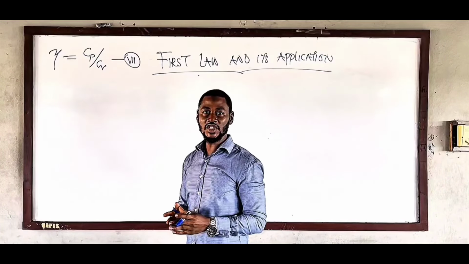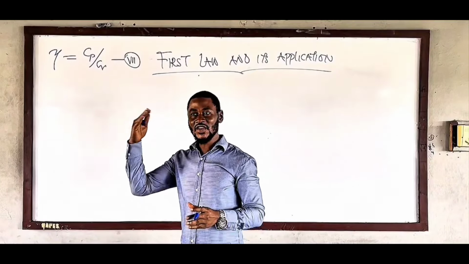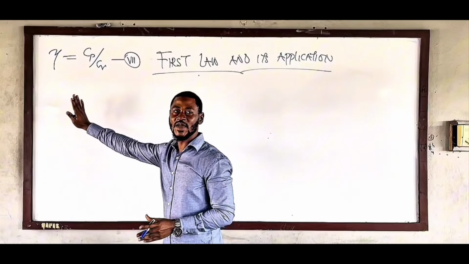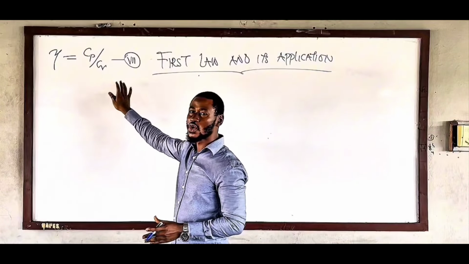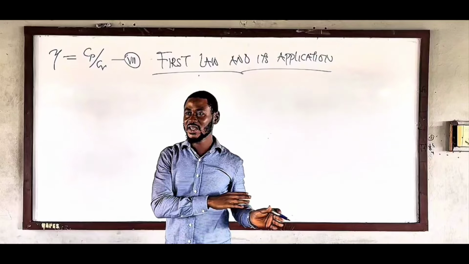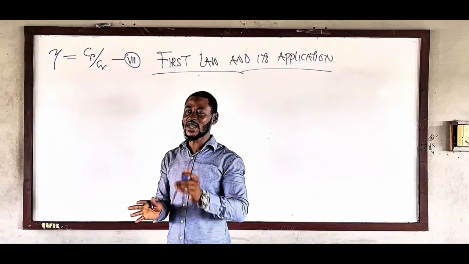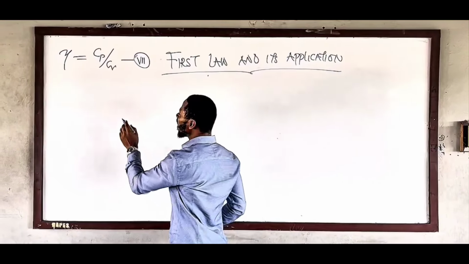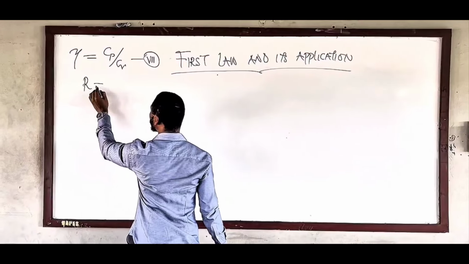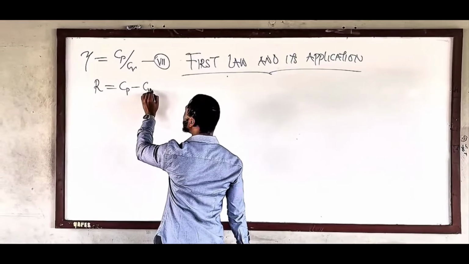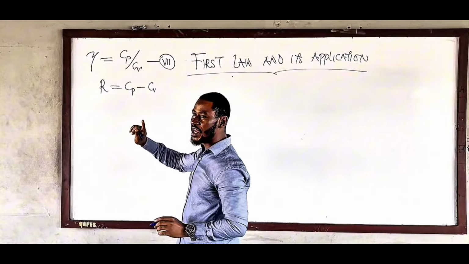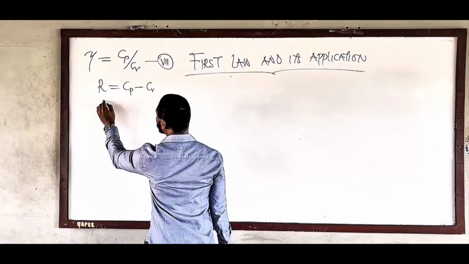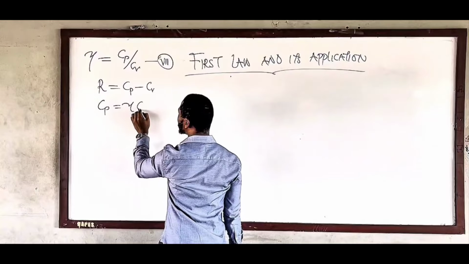Now we want to get another form of equation from equation 6. We want to express equation 6 in terms of only specific heat at constant pressure and R. Going back to equation 6, R equals Cp minus Cv. Here you make Cp the subject of the formula, so Cp becomes gamma Cv.